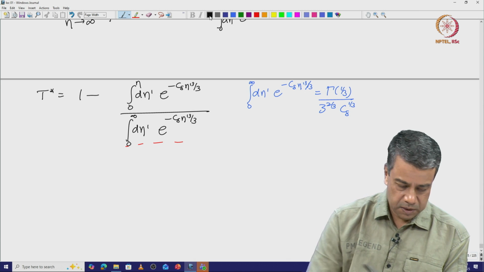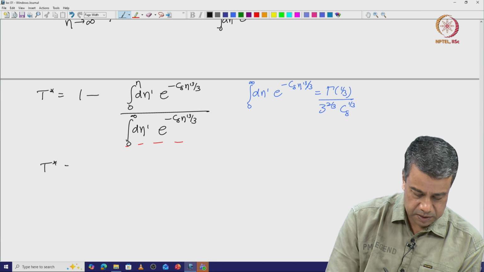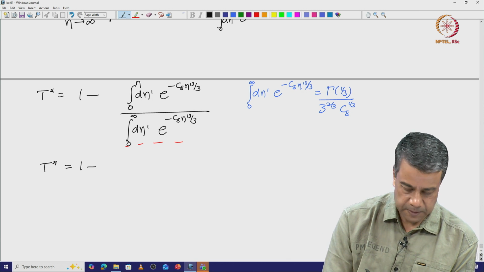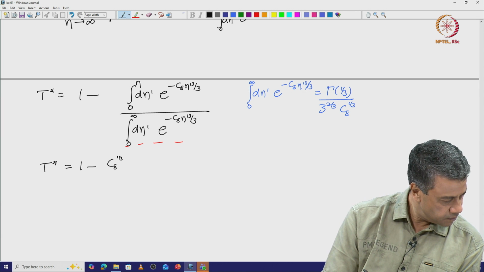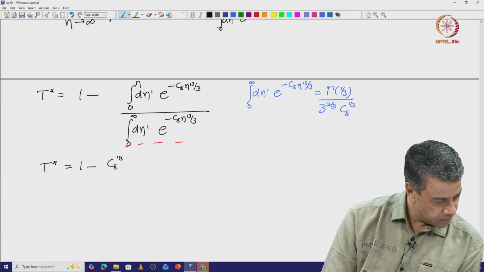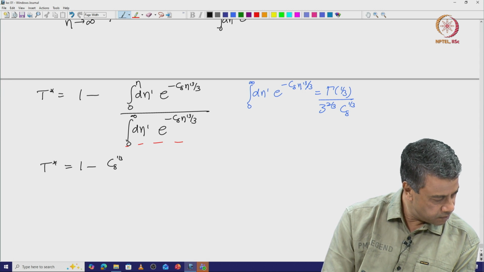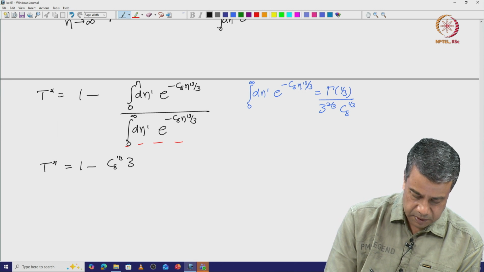So, with this T star is equal to 1 minus the integral from 0 to eta divided by this result, with 3 power 2 by 3.